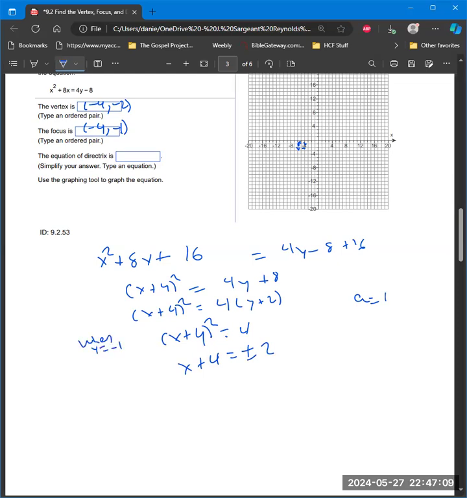So x equals -4 plus or minus 2. x equals -6 or x equals -2. So (-6, -1) and (-2, -1), and it becomes like this.